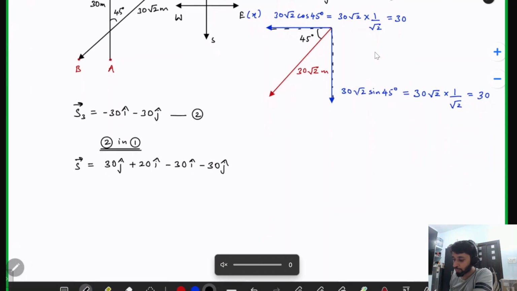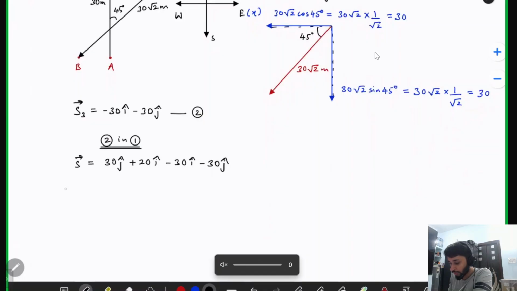Right. Now simplify this. So the j cap part will get cancelled. 20 i cap minus 30 i cap will become minus 10 i cap.